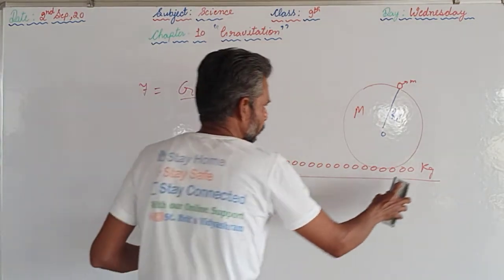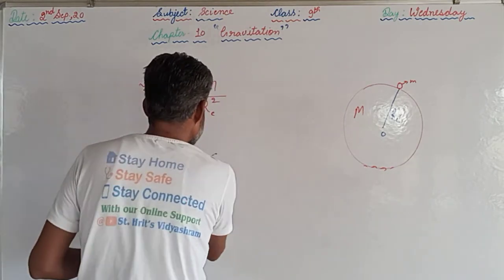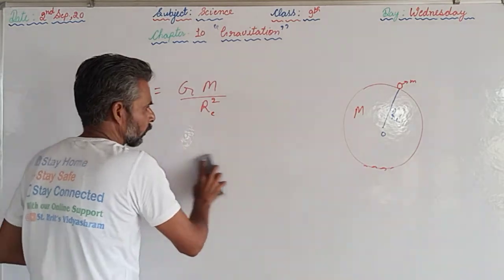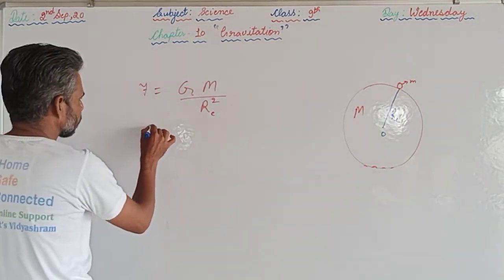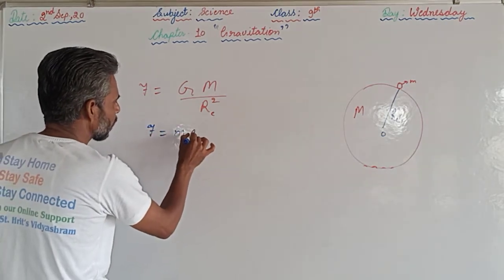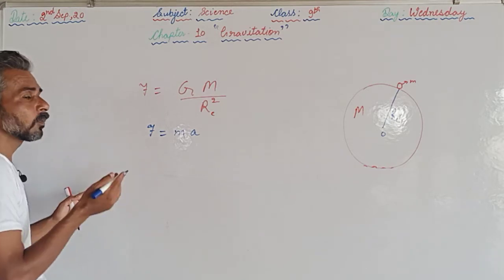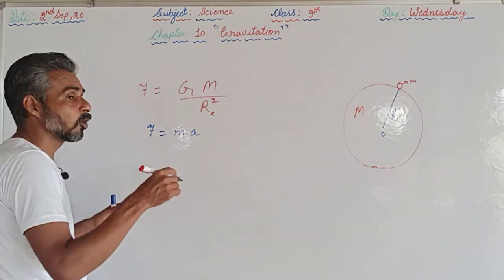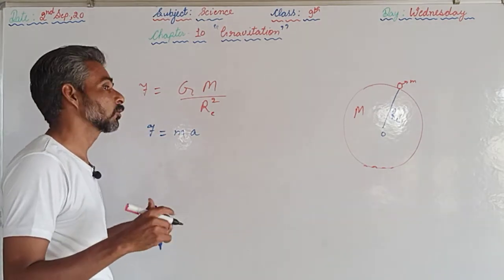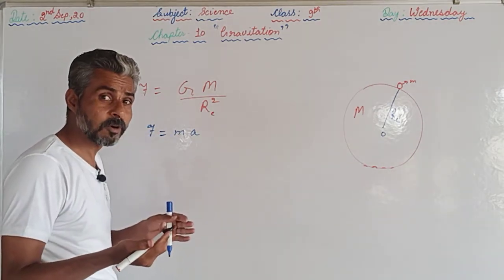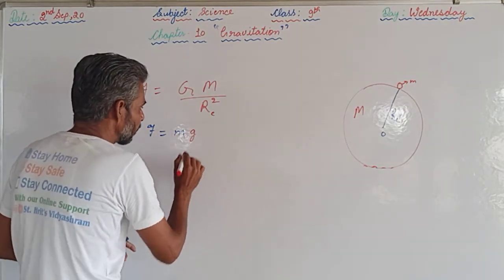So now we also have one more formula, that is F equals ma. In the previous chapter we learned that force equals mass into acceleration. Here the object is moving under the influence of the earth's gravitational field only, so the acceleration produced is called g, acceleration due to gravity, that is mg.